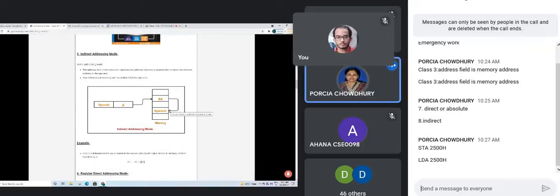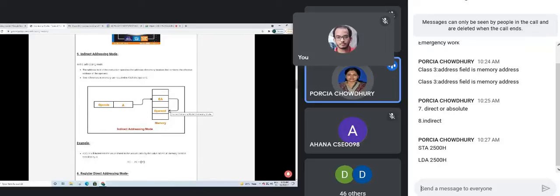Now, what is the difference between indirect addressing mode and registered indirect addressing mode? In registered indirect addressing mode, after the opcode there will be one register specified, and in that register, instead of an operand, there will be one memory address given. Again you have to go to that memory address to fetch the operand.